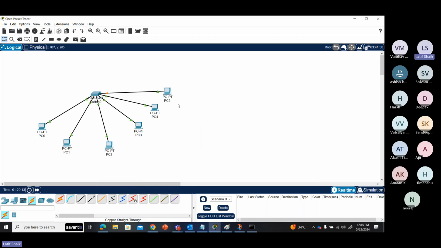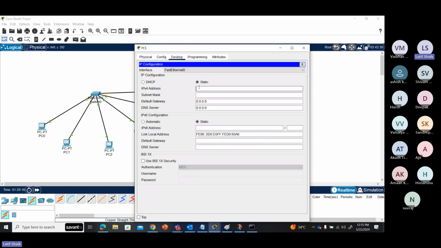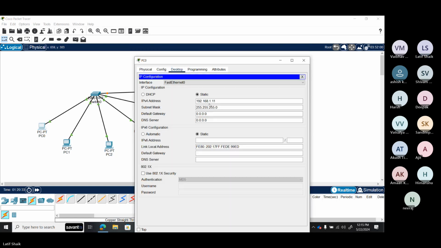I'm connecting the host, and it does not have an IP address. I'm configuring the IP address 192.168.2.60, with the same subnet mask, but I changed the network ID, for testing purposes. This one is 1.11, this is 1.11, and that is 1.16.